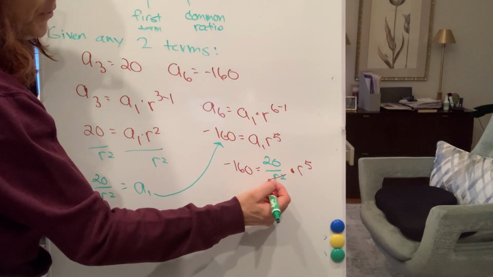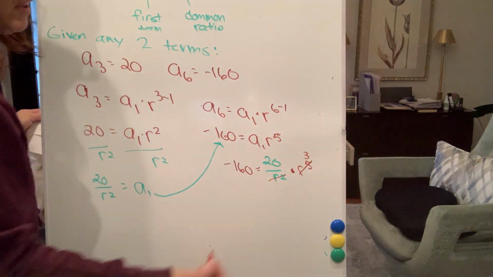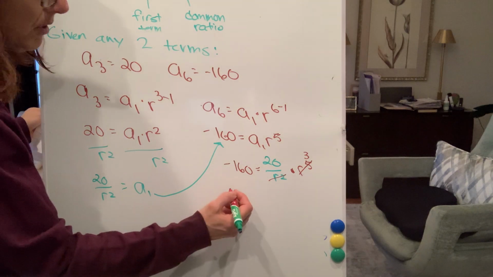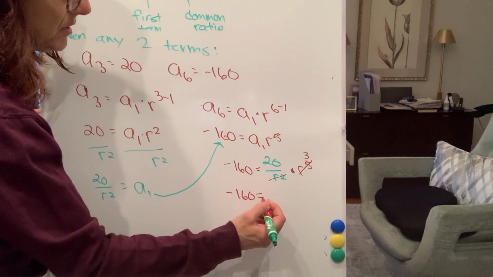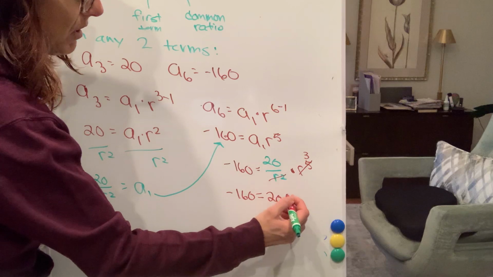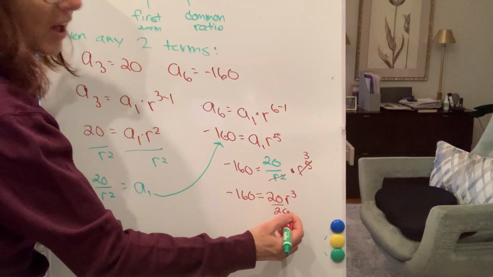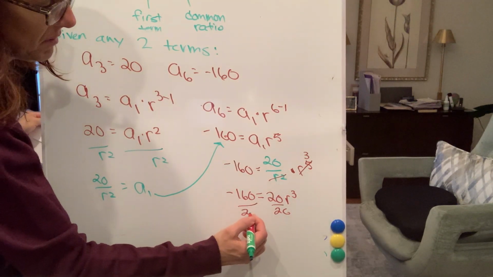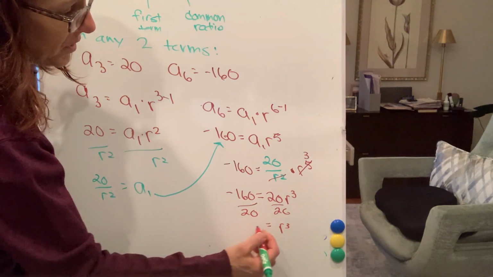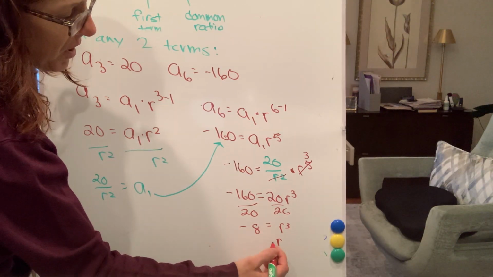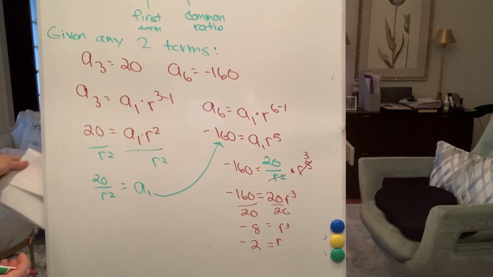I can cancel out this r squared with this r to the 5th and be left with r cubed. So I have negative 160 equals 20 r cubed. Divide both sides by 20. I get r cubed equals negative 8. So r equals negative 2.